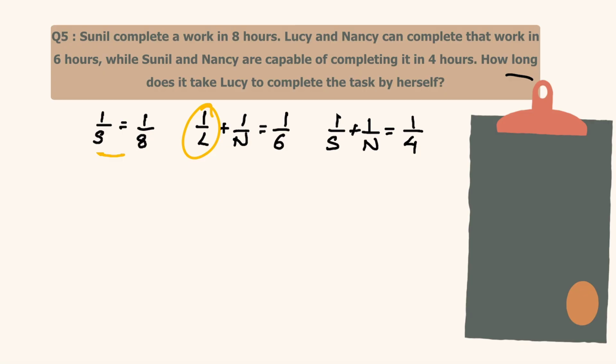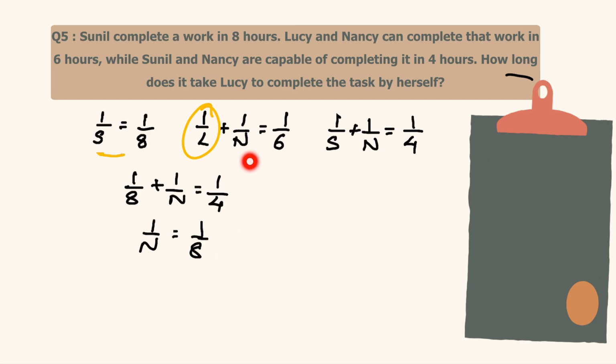So how to solve this? Like I said, we can put the 1 by s here in this equation. We will get 1 by 8 plus 1 by n equal to 1 by 4. That means 1 by n will be 1 by 8. I know it, but you can subtract the 1 by 8 here and you will get the same answer. I am simply writing it from the observation. 1 by n will be 1 by 8.